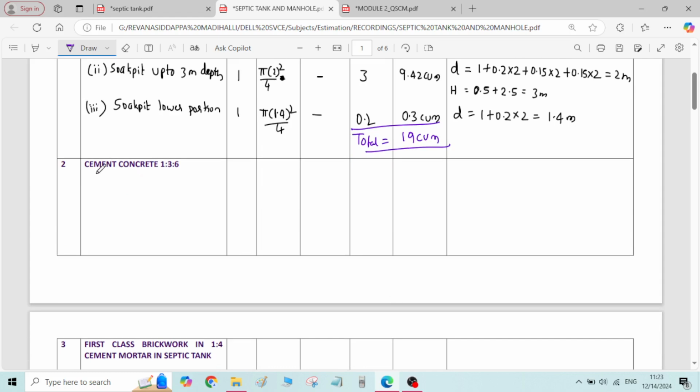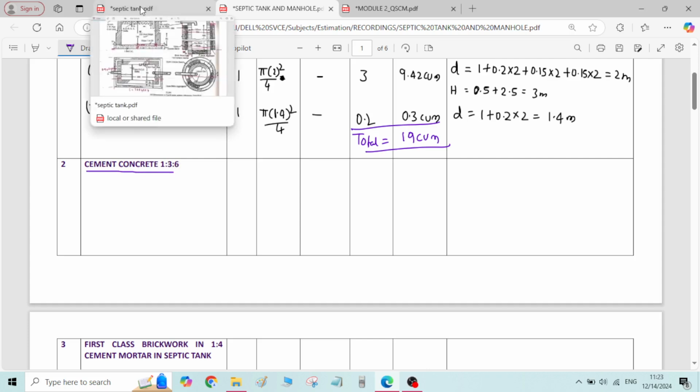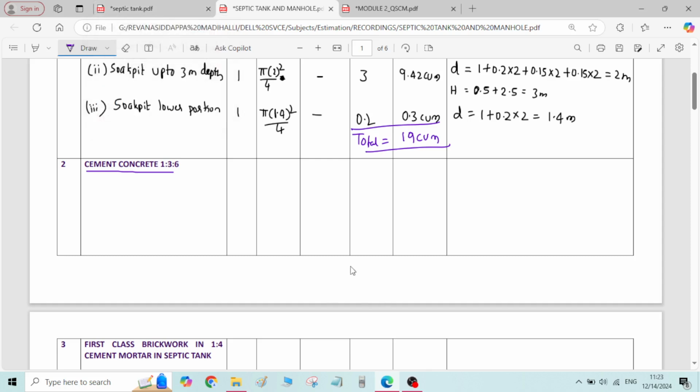Now we will go for the next item of work, that is cement concrete 1 is to 3 is to 6 in the floor and foundation of the septic tank.